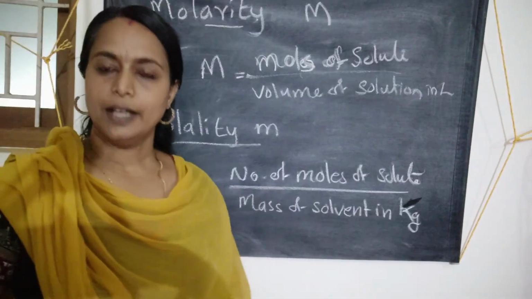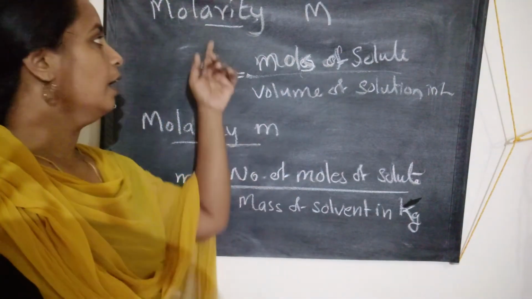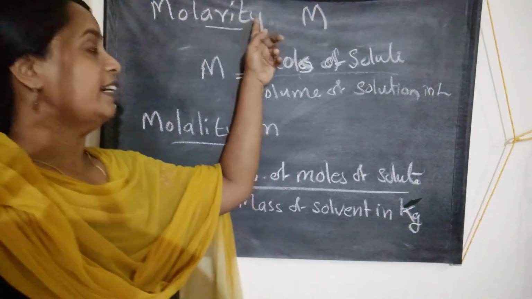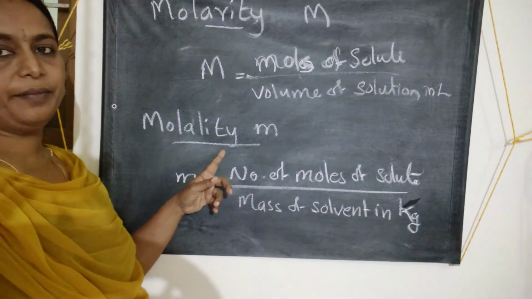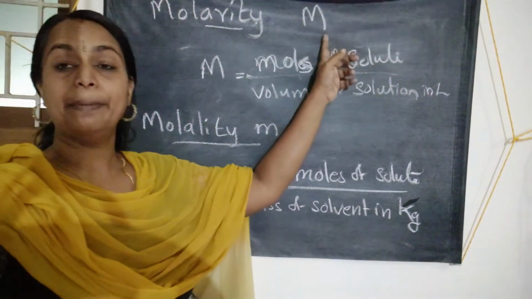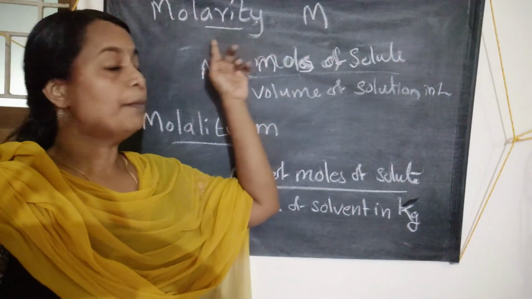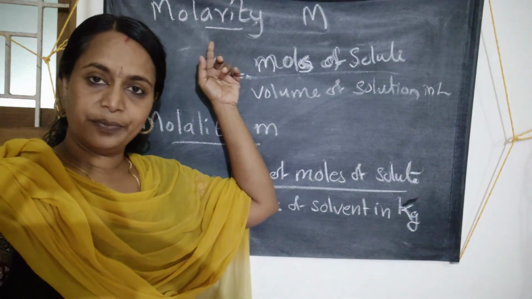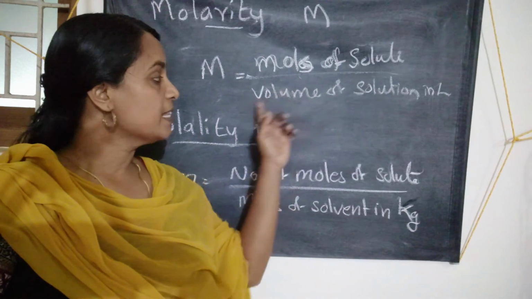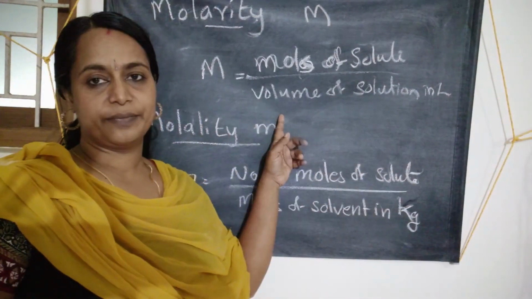Okay. Now the next two terms are molarity and molality. Molarity is represented by capital letter M. The molarity of a solution means the number of moles of solute present in 1 liter of solution.